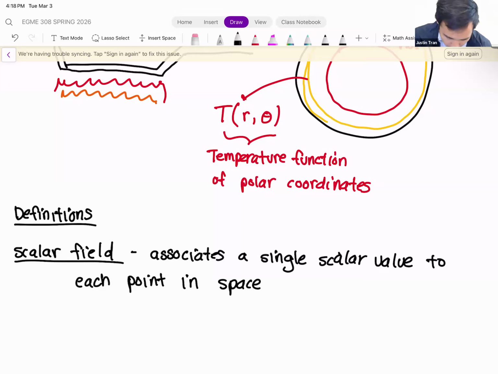Okay. All right, so we've already seen an example of a scalar field, and I think the most prominent scalar that we work with as a mechanical engineer is temperature, right? So temperature is a great example of a scalar.